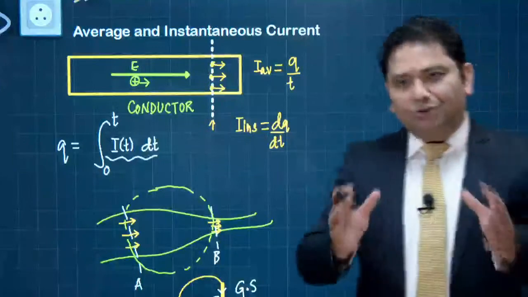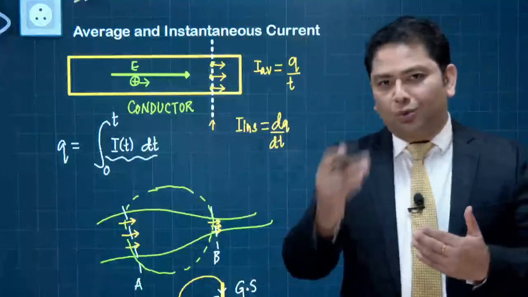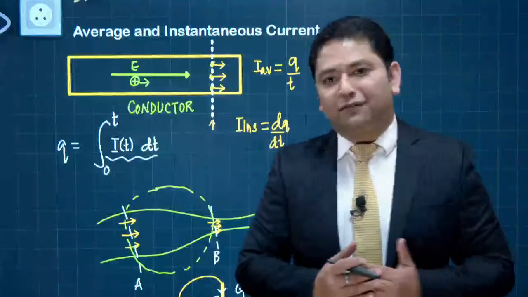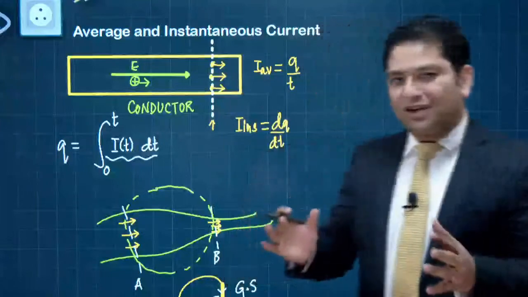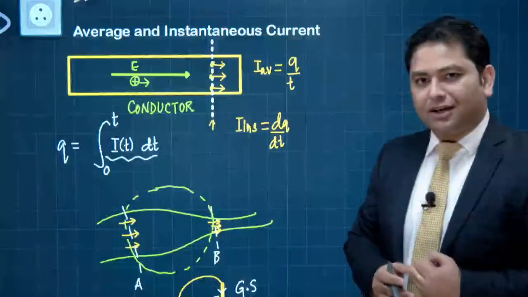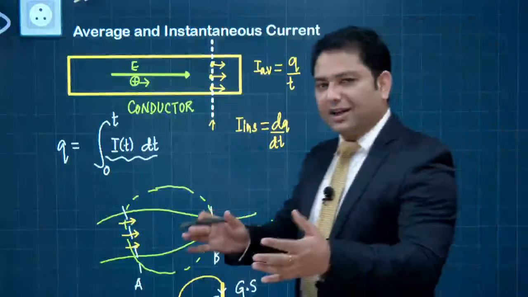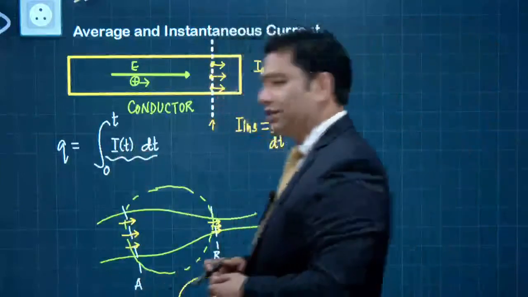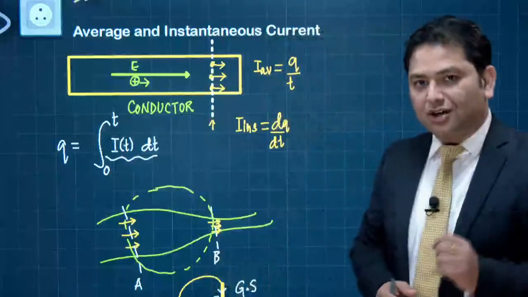So you got to understand both the forward as well as the reverse gear. In the forward gear, with the help of charge, you should be able to calculate the current, and in the reverse gear, with the help of current, you should be able to calculate the charge.